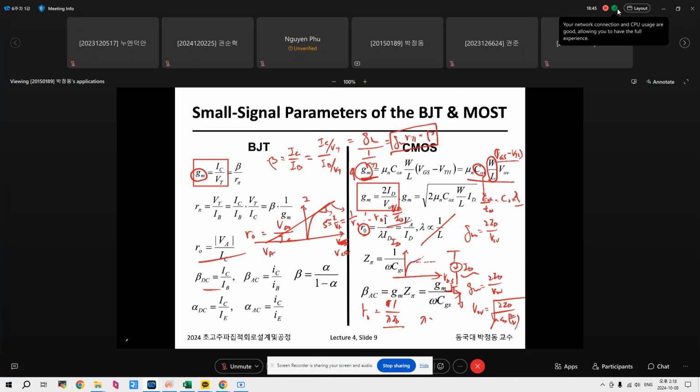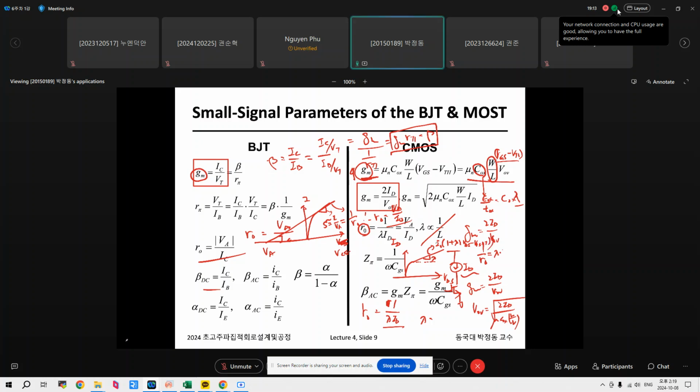ID is I0 times 1 plus lambda times VDS minus VDsat.